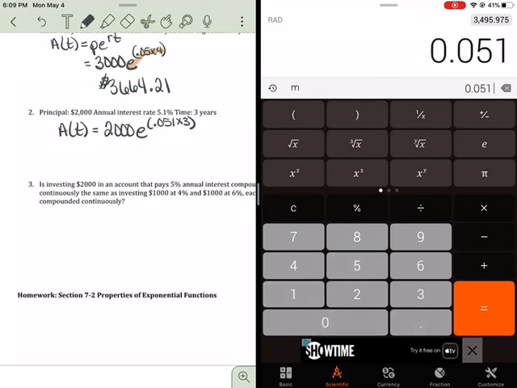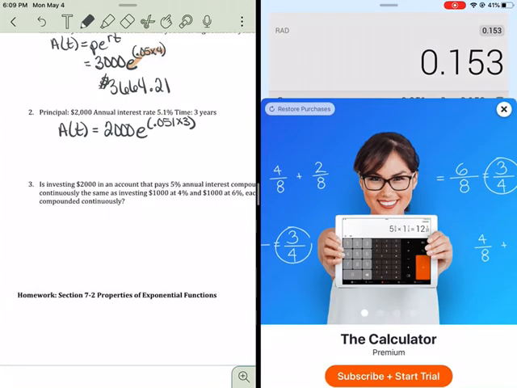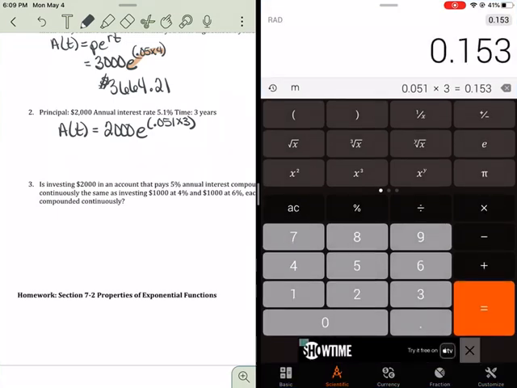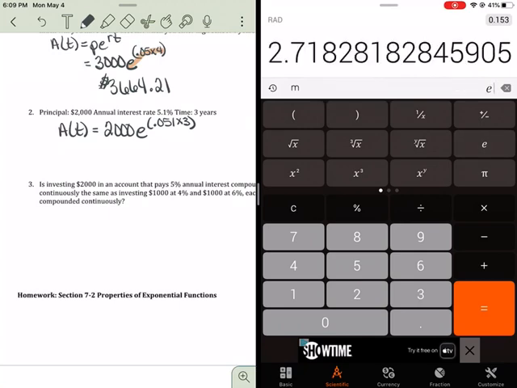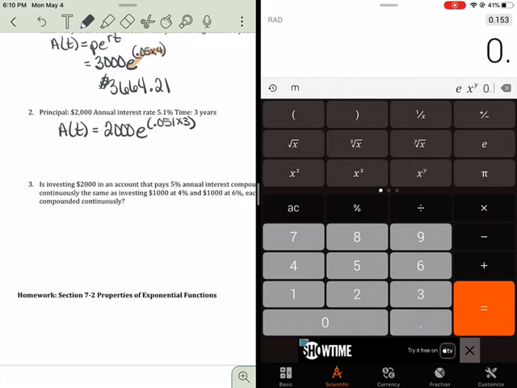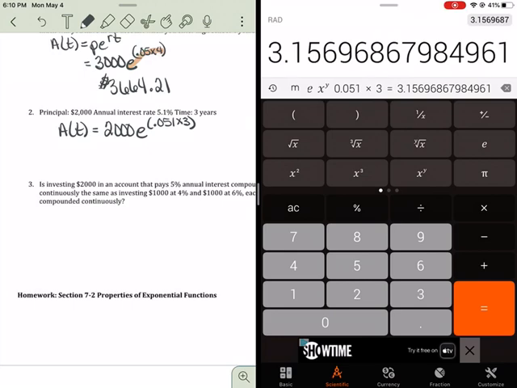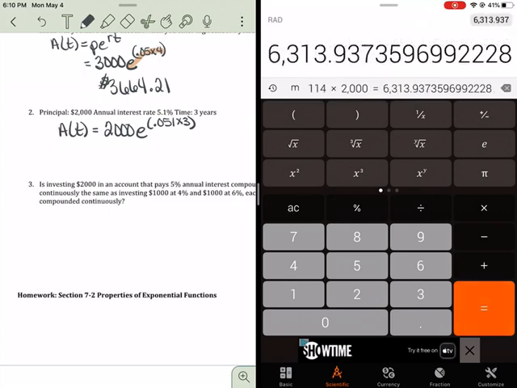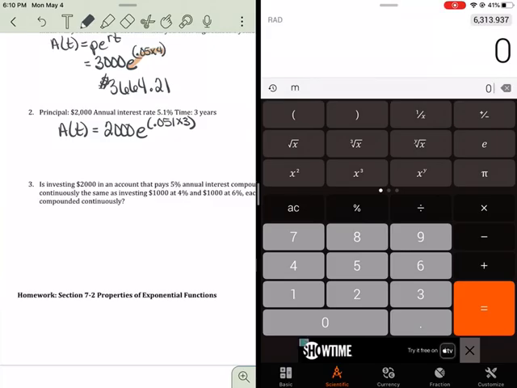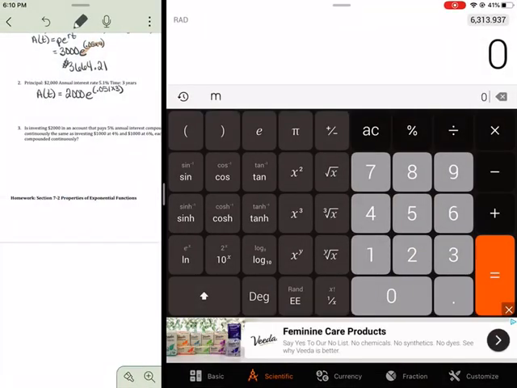So 0.051 times 3 equals, and then e to the x.